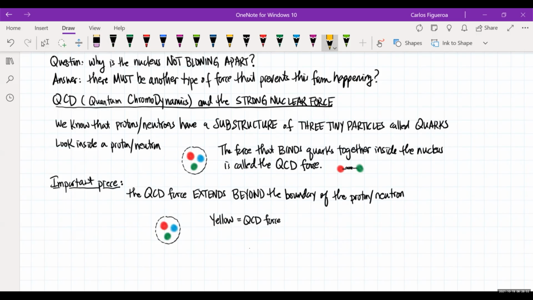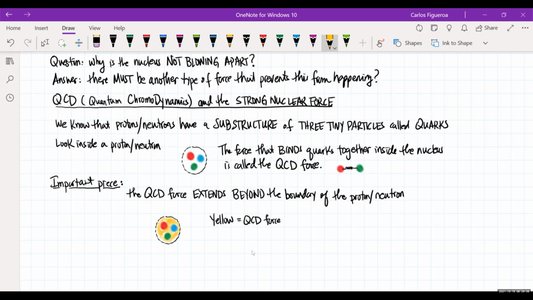So when I color it, you'll see that there's this yellow stuff, and this yellow stuff is binding the red, green, and blue quarks inside of this thing.